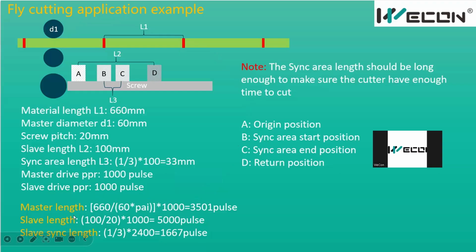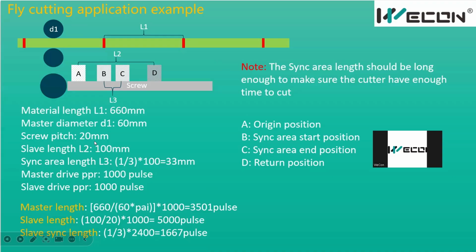Okay, and for the slave length, because here the stroke is 20 mm, it means when the slave driver rotates one round, our cutter will go forward 20 mm.